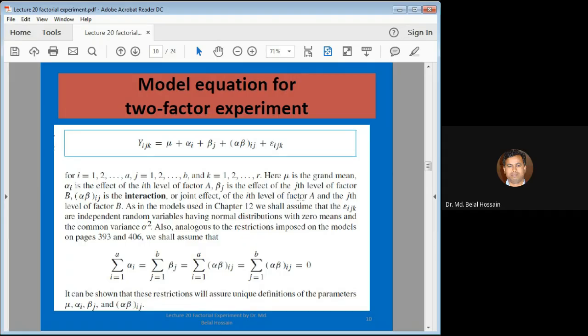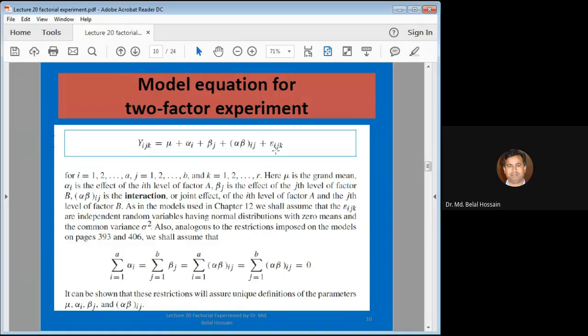Beta j is the effect of the jth level of factor B. So here, since there are two factors, this beta is the second factor, so another term alpha beta ij is coming for the interaction. Okay, when there are two terms in this model, their joint effect comes in immediately. Okay, so we have this model.